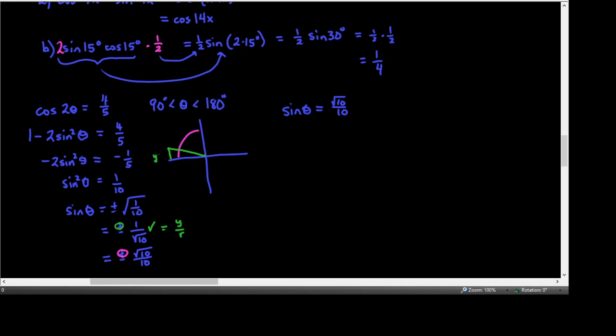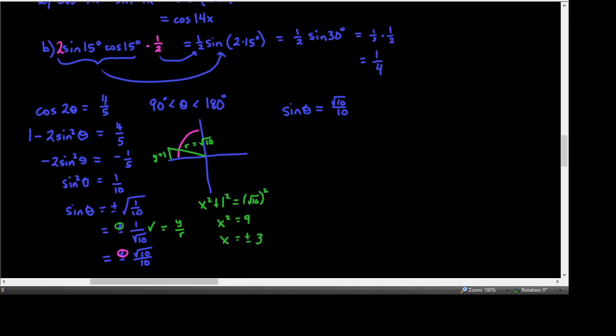So y is 1, and r is square root of 10. And I think I can find x now, because x squared plus y squared has to be r squared. And so that means that x squared is equal to 9, and x is equal to plus or minus 3.